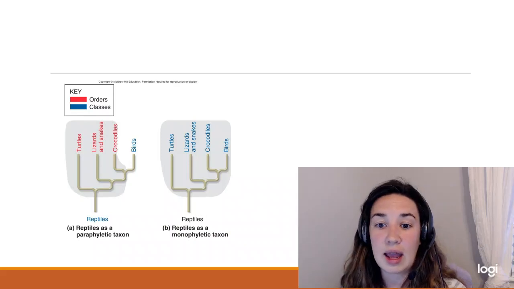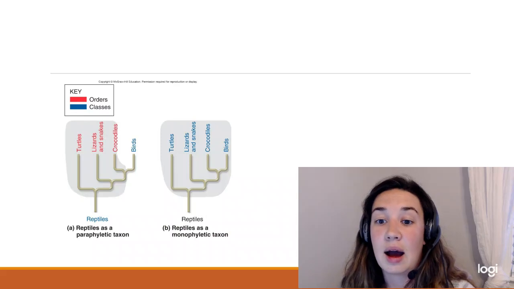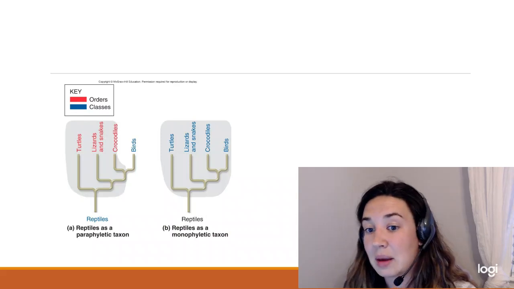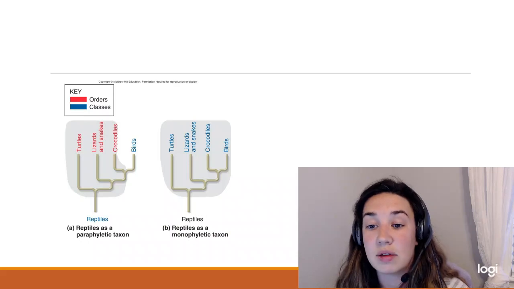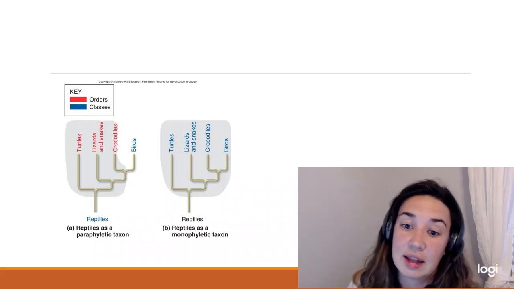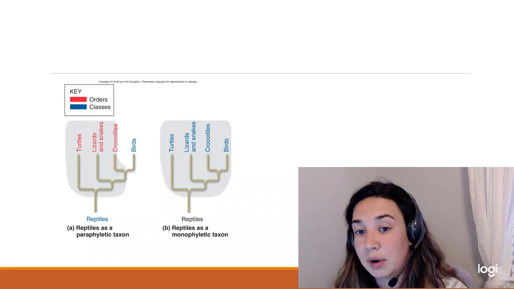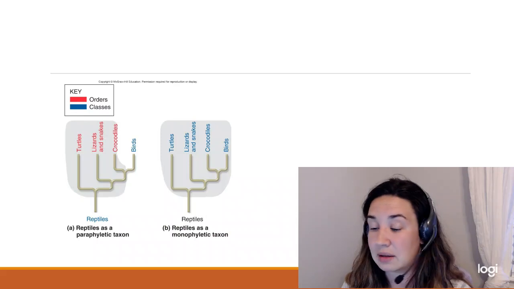And here we are again, reptiles as a paraphyletic taxon on the left, reptiles as a monophyletic taxon on the right. So it's including all of the descendants and the common ancestor, whereas paraphyletic on the left does not include the birds, so therefore does not make it a monophyletic taxon.